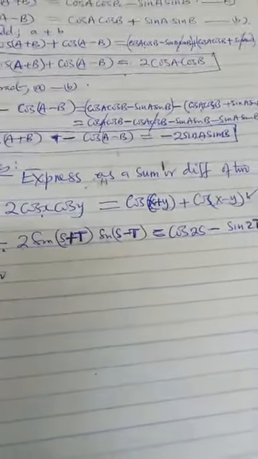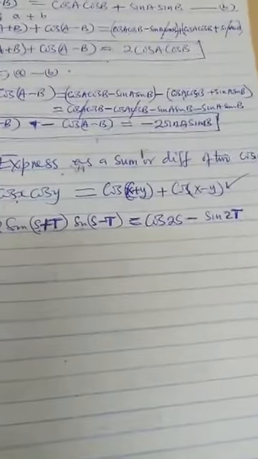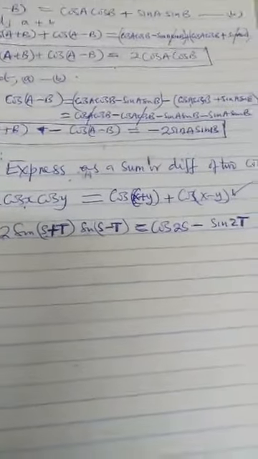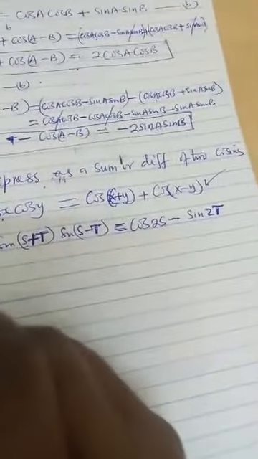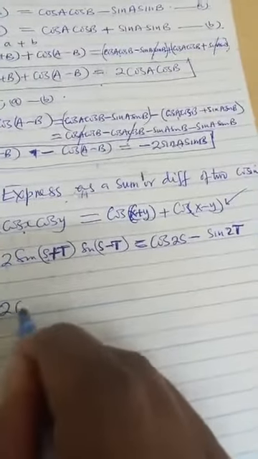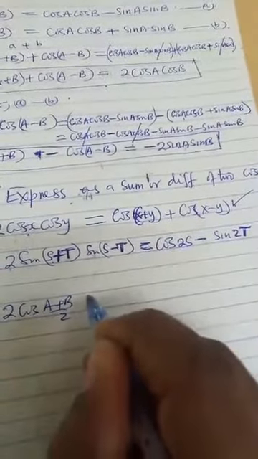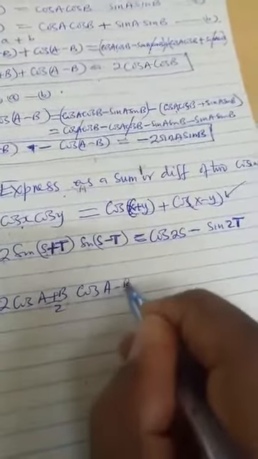If we consider another example, let us consider one more. C. If they say 2 cos of A plus B over 2 and cos of A minus B over 2, what expansion are they looking at?